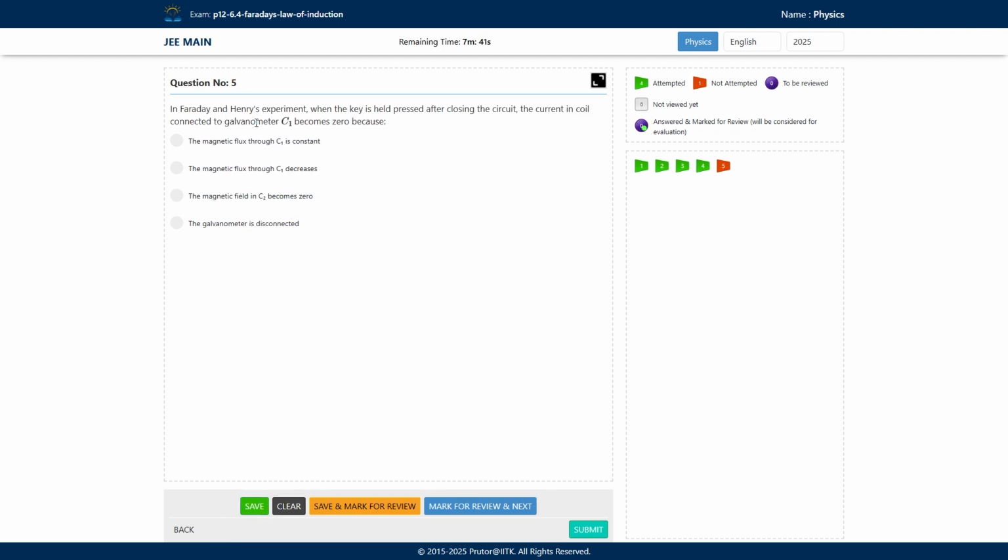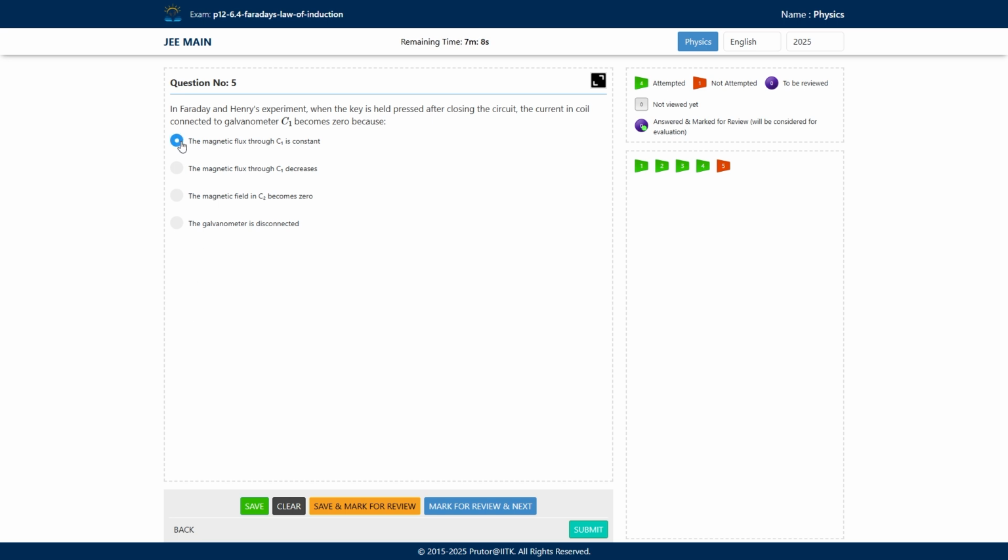In Faraday and Henry's experiment, when the key is held pressed after closing the circuit, it is based on the experiment in 6.3 that was using a tapping key. So when the key is held pressed after closing the circuit, the current in the coil connected to galvanometer C1 becomes 0 because the magnetic flux through C1 is constant, magnetic flux through C1 decreases, magnetic field in C2 becomes zero, or the galvanometer is disconnected?